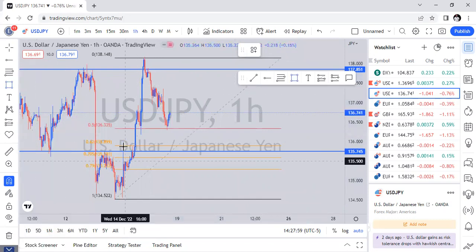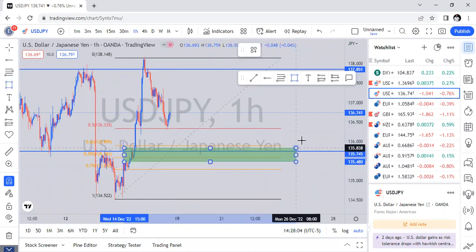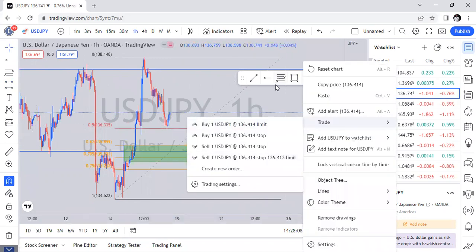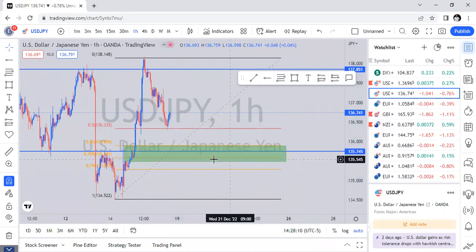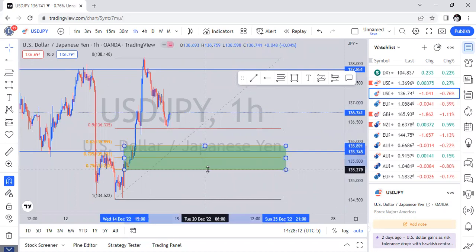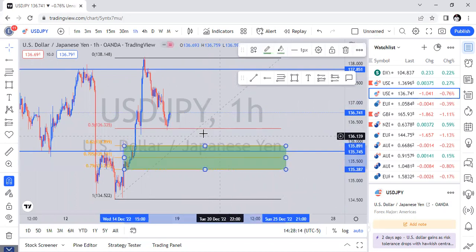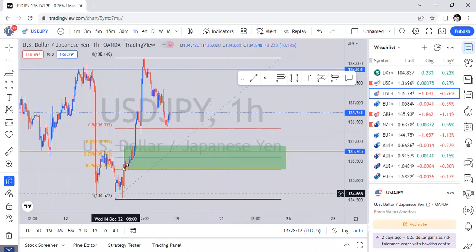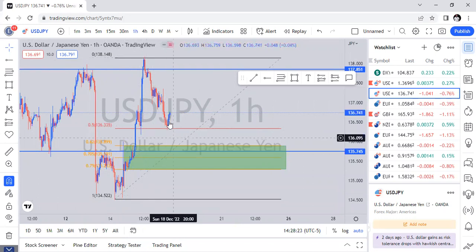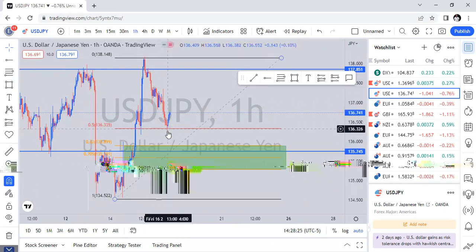Anything between these levels, your 60 to your 75 to your 78 level. If we were looking at a buy based on this move here, using the fib to measure the retracement, we would have expected it to come below.